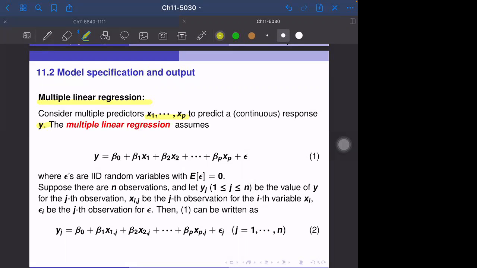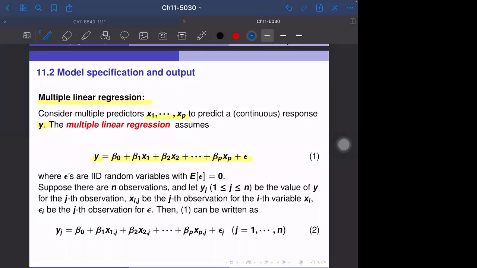The multiple linear regression model assumes y is equal to a linear combination of x1 to xp. You can see that this is linear in terms of x1 to xp, but actually the more important part is that it's linear in terms of beta naught to beta p.